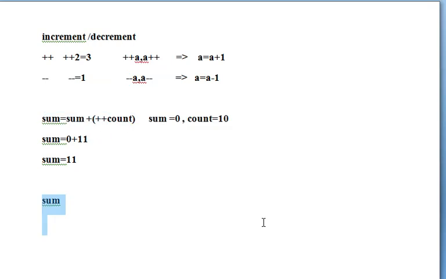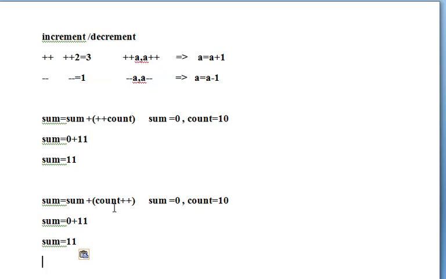To show the postfix notation, we will continue with the same example for telling you about post increment. I have used here count plus plus. The initial value of sum is 0. Count plus plus means first we have to use the value of 10 as it is, then increment the value. So here I will be using the value 10 and the output will be 10 in the case of post increment.